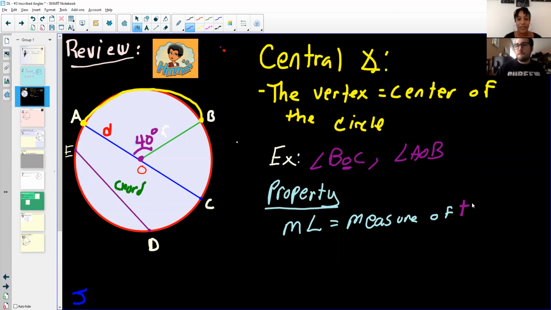What else should you be able to tell us? Remember, we said that the measure of the central angle is the same thing as the arc that it intercepts. So if this angle is 40 degrees, what's the measure of arc AB?